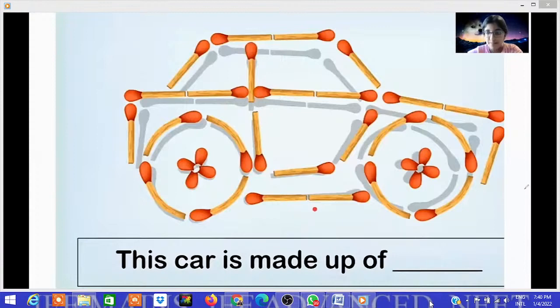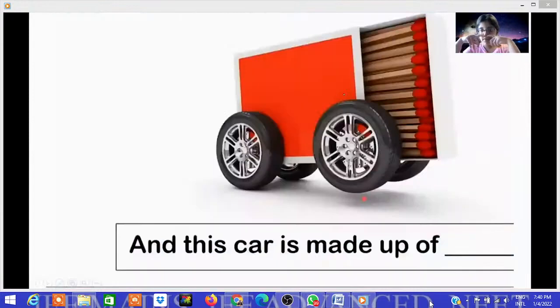Matchsticks or matches, right? Okay, very nice, very good. Good observation skills. What about this? What is this car made up of? Wheels and matchsticks.